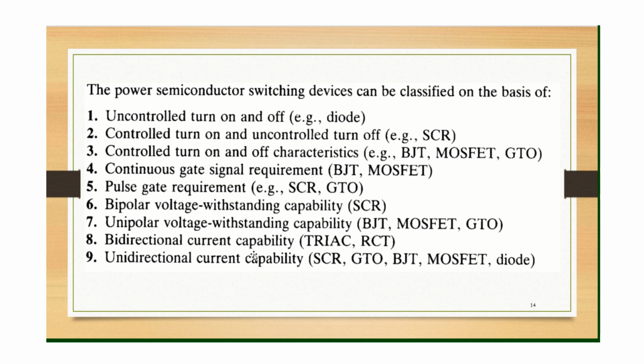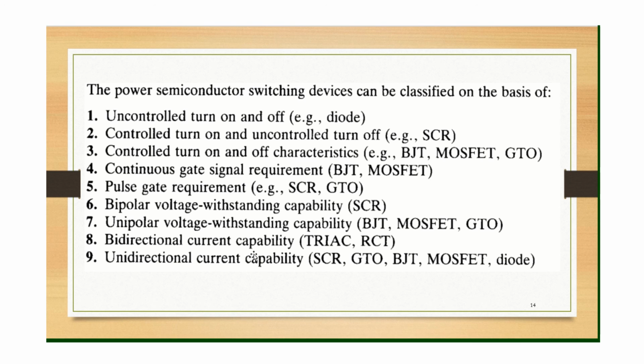So the example is the diode. For controlled turn on and uncontrolled turn off, it is the SCR. Okay, so that means to turn on, you have complete control of this SCR, but turn off will depend completely on the external circuit or the circuit where it is used, right?